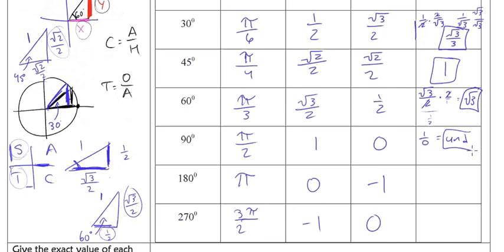So there is no value for the tangent of 90 degrees. It's undefined. 180, that's 0 divided by -1. 0 divided by -1 is 0. And then 270, -1 divided by 0, again, can't divide by 0. This is undefined. And keep that in mind, because that tangent graph is going to look very different than our sine and cosine, and we're getting there pretty soon. So I hope that helps.